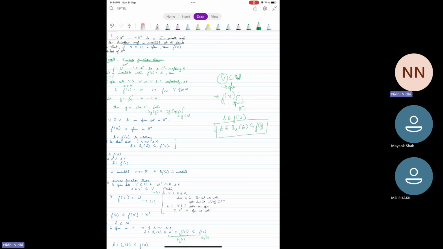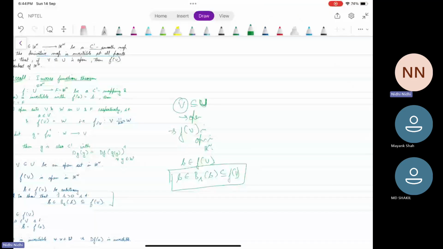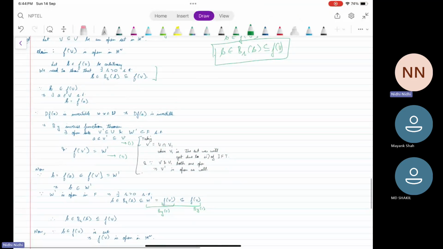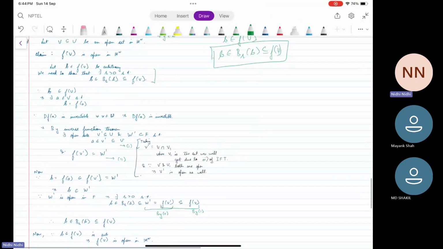In order to show this, we use the inverse function theorem. So basically, we started with the fact that this B is in FV. FV means it is in range. That means there exists some A in V such that B is equal to FA.